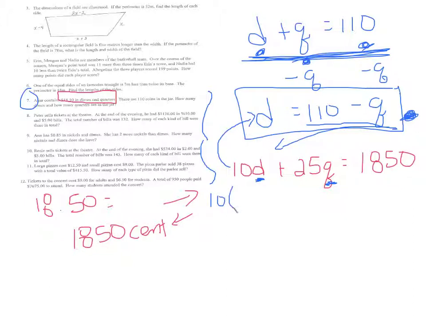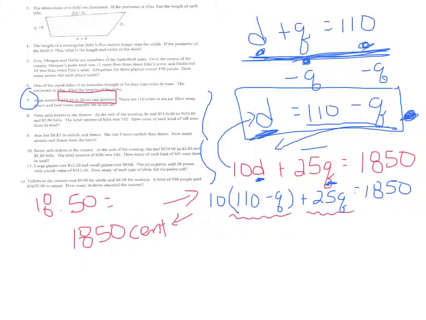Now my new equation looks like this: the number of dimes I have is 110 minus Q, plus, leave this guy alone, 25Q, and that gives me 1850. So now I have Q's that represent dimes and Q's that represent quarters, and I have no more D's in there, so now all I have to do is solve for quarters and I can solve my problem.